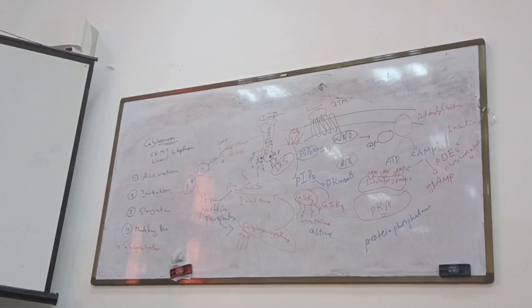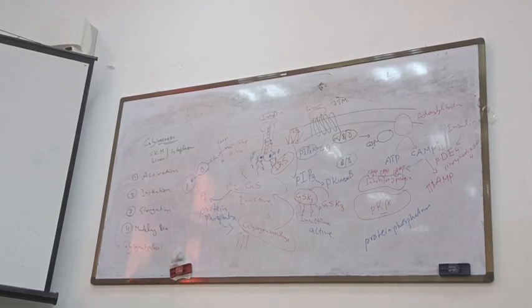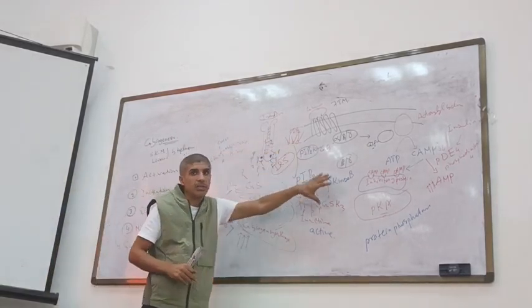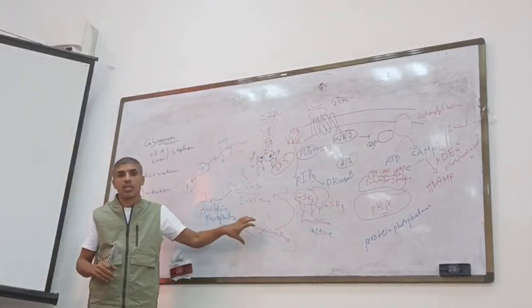In uncontrolled diabetes mellitus class 1, insulin is absent, which means the anabolic hormone is absent. The main anabolic hormone in our biological system is insulin, so insulin is very important in anabolism, including anabolism of glycogen.